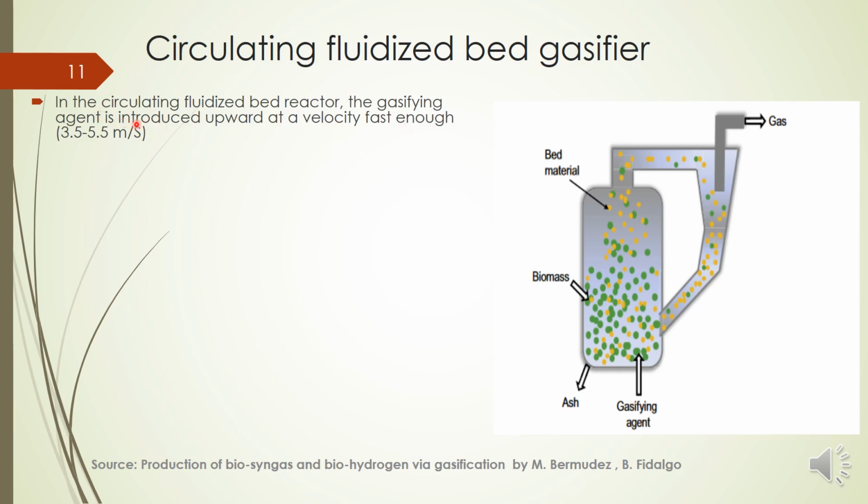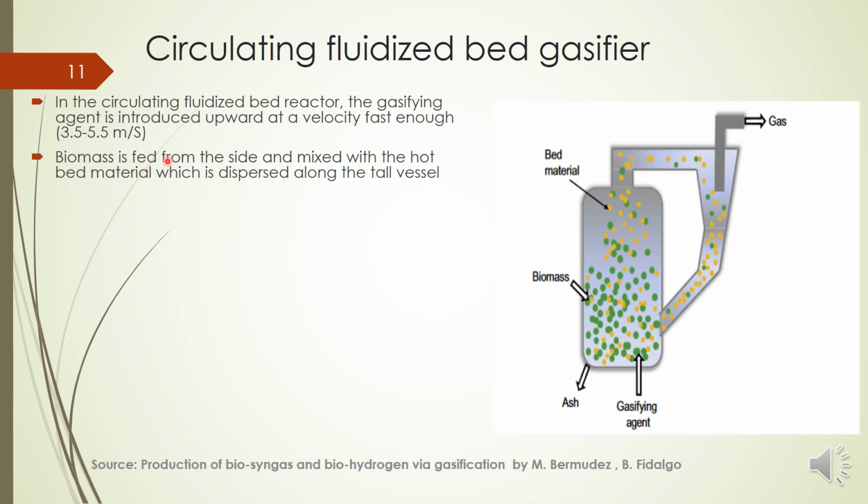In this circulating fluidized bed, the gasifying agent is introduced upward with a very high velocity. Here you can see the velocity is 3.5 to 5.5 meters per second, more than bubbling fluidized bed. In bubbling fluidized bed we have only around 1 meter per second.